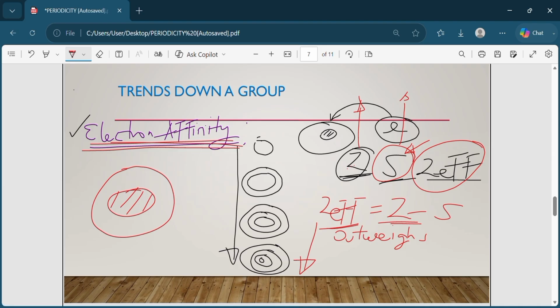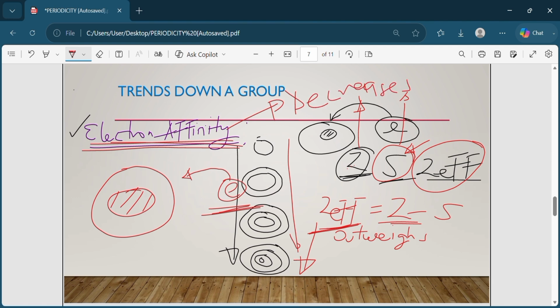Having understood that effective nuclear charge decreases, what falls in your brain is that the atomic radius is going to increase. It's even already seen here, it increases. So as we add this electron, the amount of energy released upon addition of the electron will be so much smaller. So our electron affinity here will also be seen to be decreasing.